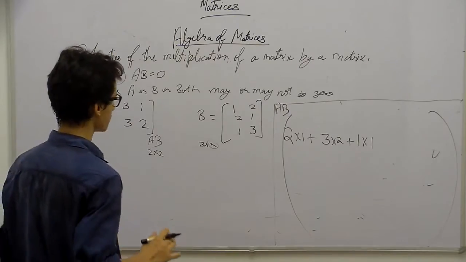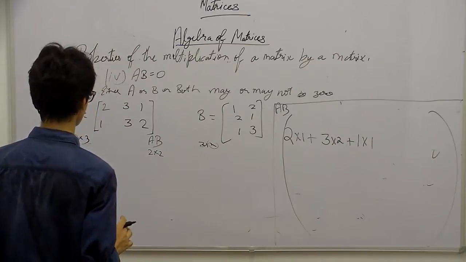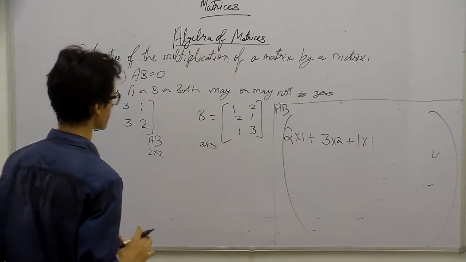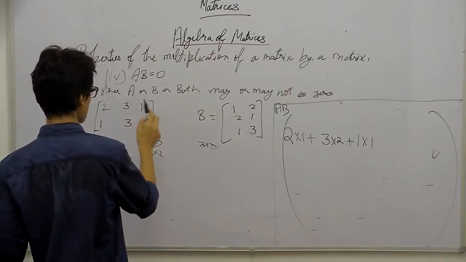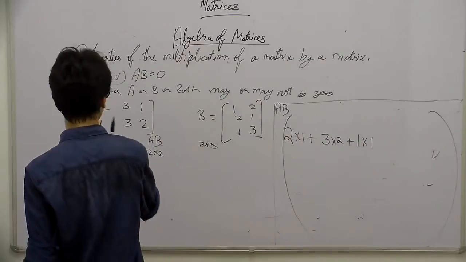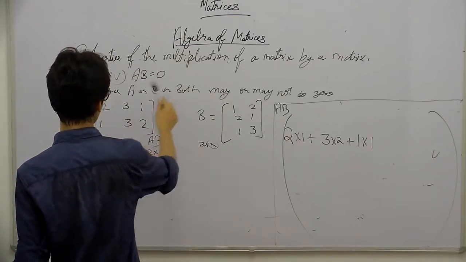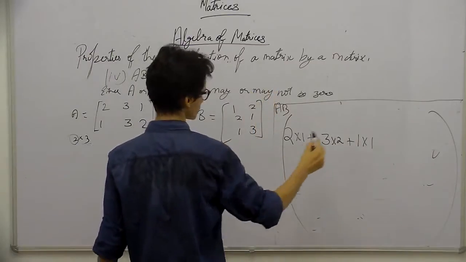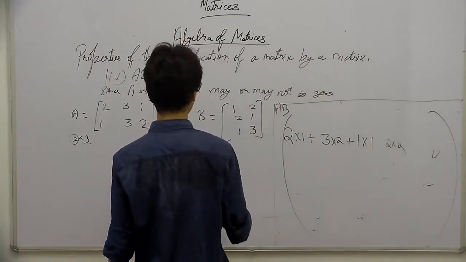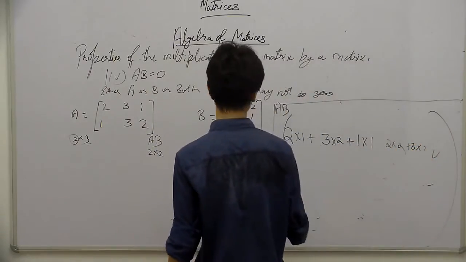Now let's calculate the next element over here. It is equal to 2 times 2 plus 3 times 1 plus 1 times 3.